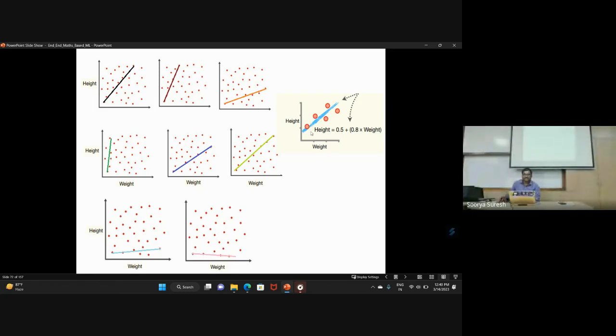Here it is very less. So ultimately, without doing any random analysis, how to come up with the best curve fitting for this set of points out of n number of possible curves is what linear regression does, assuming that the data is linear and we are able to draw a linear curve.